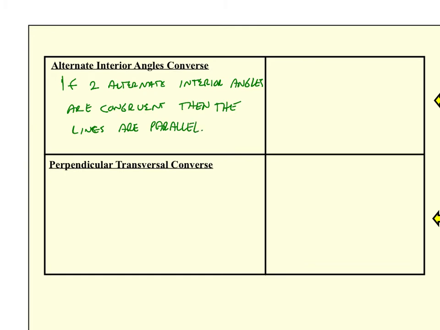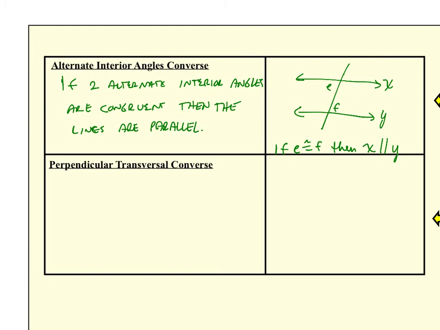So if I consider E and F, we'll stick with the X and Y. So if E is congruent to F, then X is parallel to Y. So if the angles are congruent, then the lines are parallel.